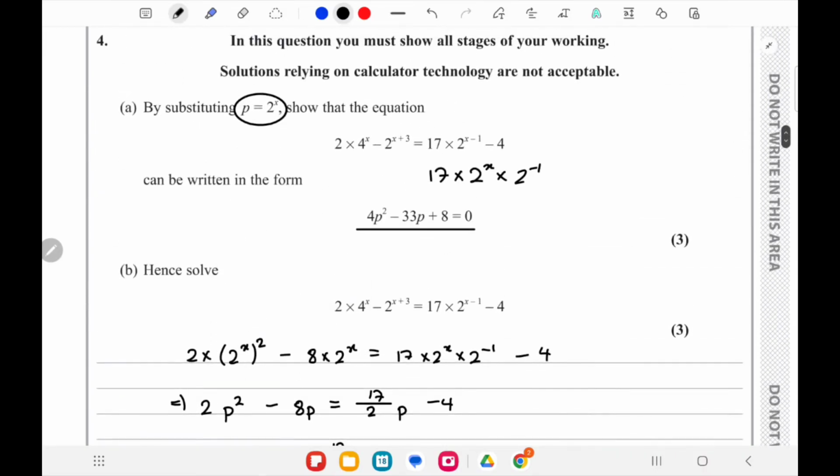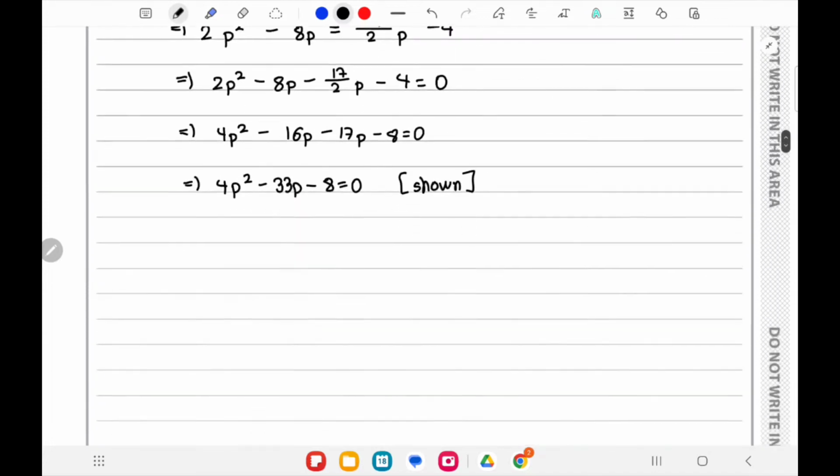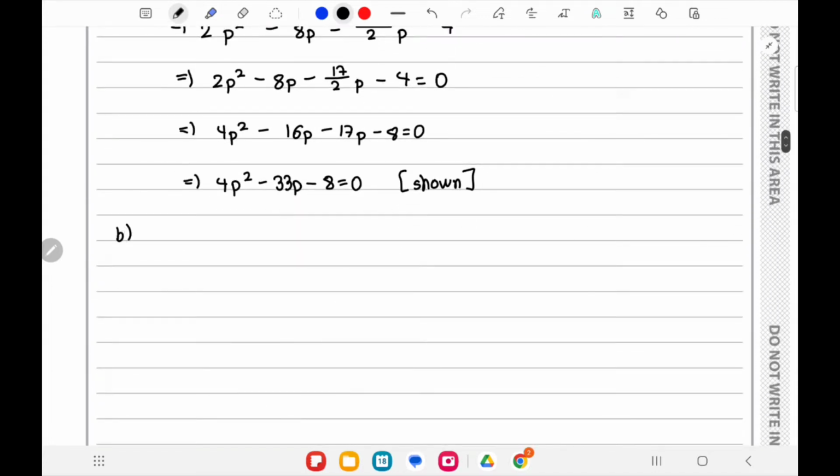Now moving on to part B, we have to solve this equation. We'll have to use the quadratic formula over here. So basically minus 33 plus minus root over.